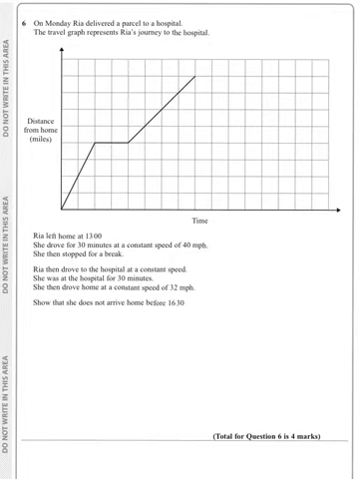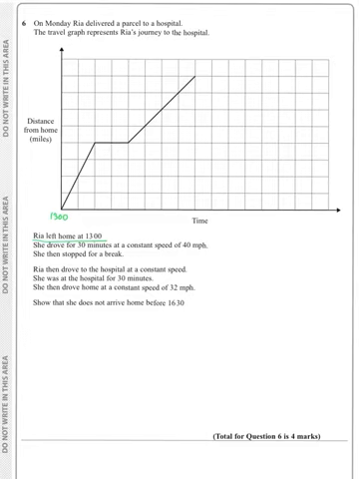On Monday, Ria delivered a parcel to a hospital, and the travel graph represents Ria's journey to the hospital. So the first thing we need to look at is that Ria left home at 1300, and she drove for 30 minutes at a constant speed of 40 miles per hour.